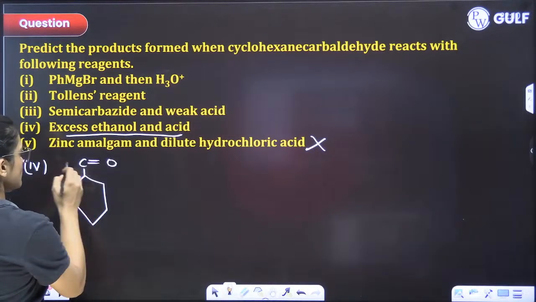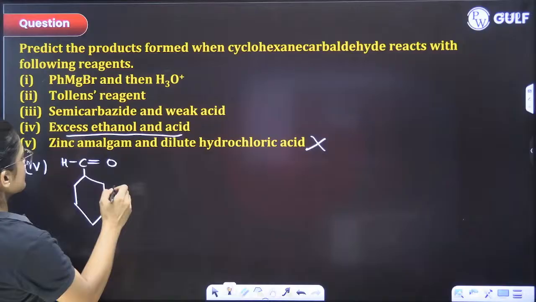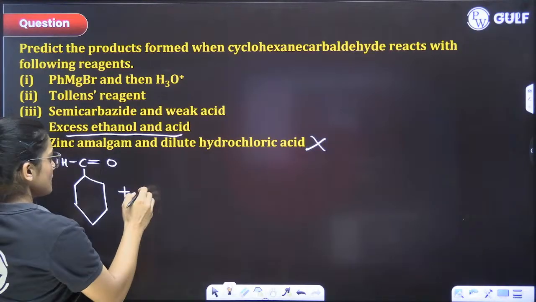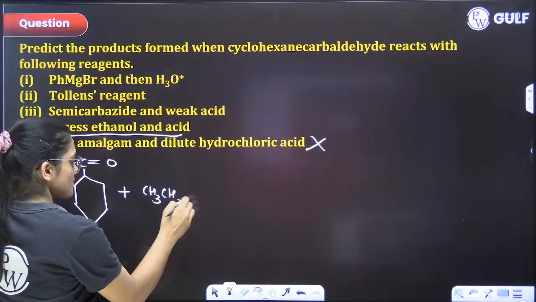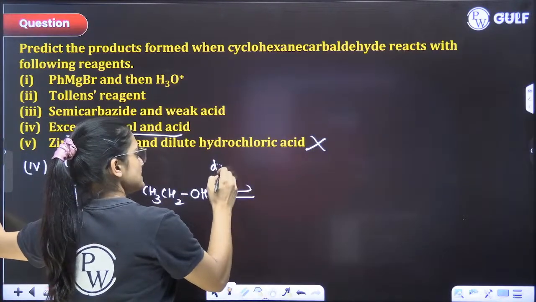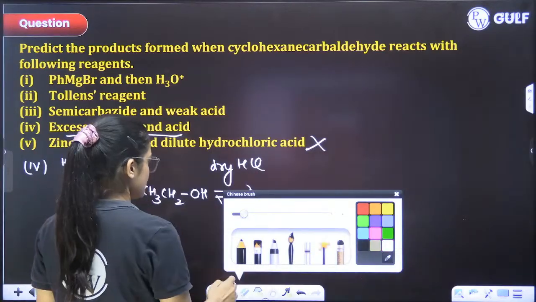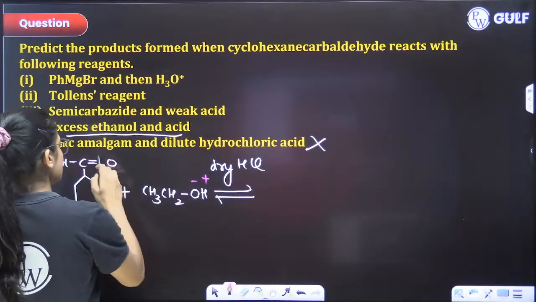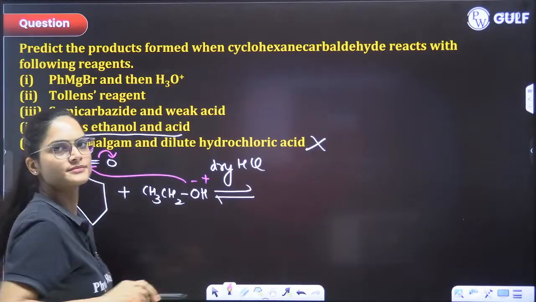CHO. Cyclohexane carbaldehyde reacts with excess of ethanol. That means you'll be carrying out its reaction with CH3CH2OH, dry HCl, positive, negative, will go here.